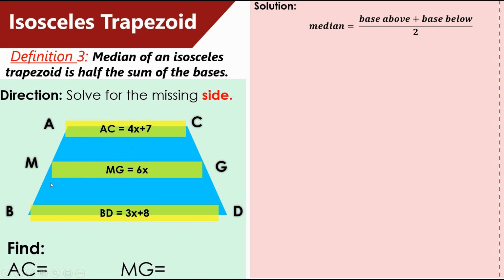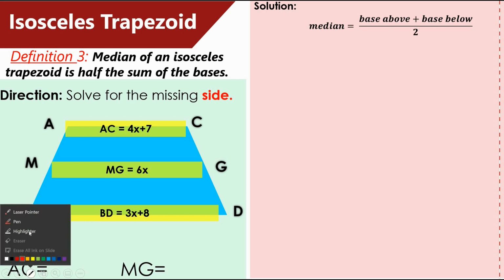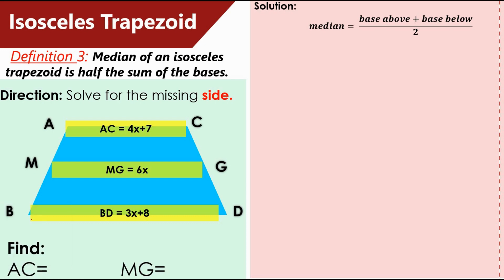The median in this figure is MG, while the base above it is AC, and the base below is BD. So for the median, we have MG, and then the base above, we have AC.